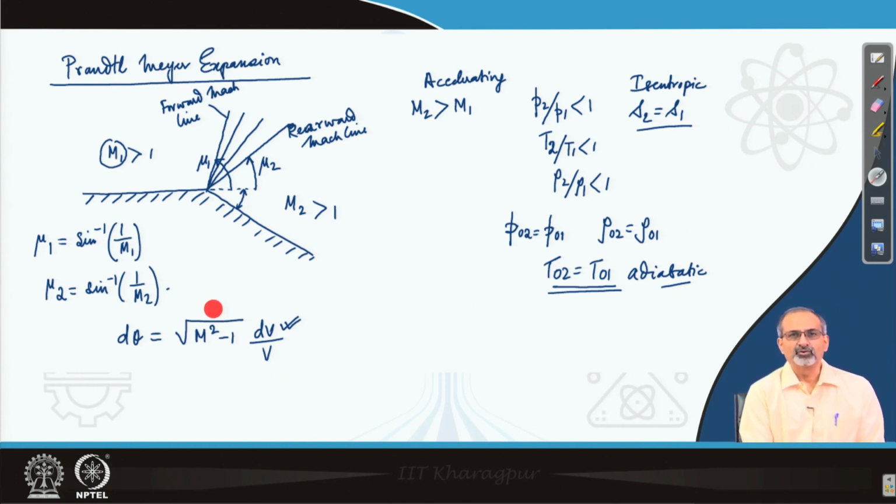Through this differential relation we finally see this expansion happening. There is a function which we can derive out of all this, called the Prandtl-Meyer function, which we will see in the next slide.